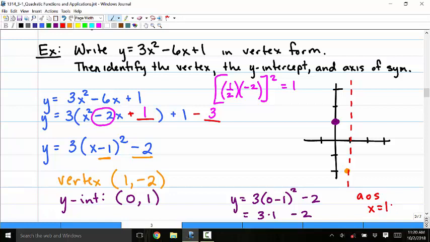Good. So if I know that that line is the line of symmetry, this purple dot, I've got another one where? At 3, 1? No, sorry, 2, 1. I'm going to do a quick sketch: vertex, y-intercept, and axis of symmetry.